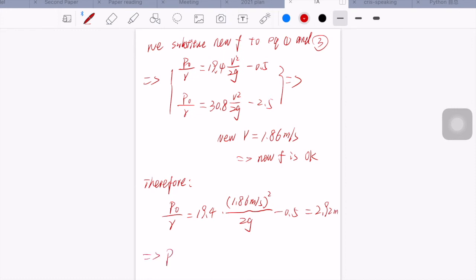So we can find that the pressure P0 equals 2.92 meter times 9,790 Newton per cubic meter. Since the water temperature equals 20 degrees Celsius, the pressure value is 28.6 kilopascal. So we have done this problem.